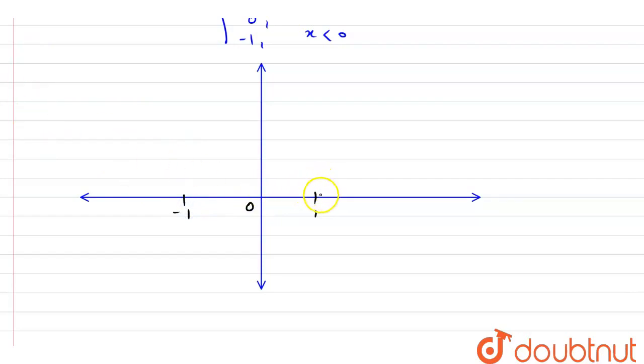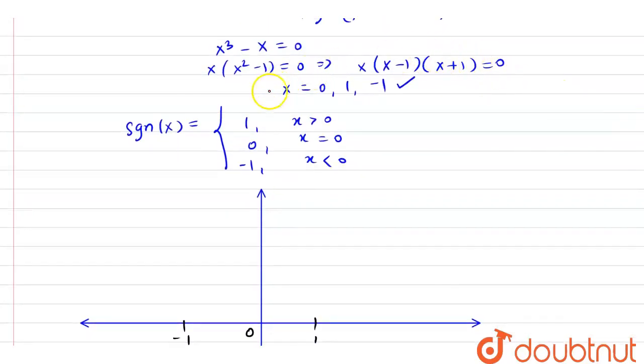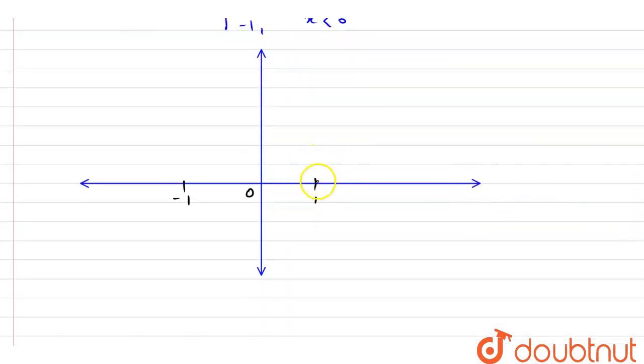Now we all know that if we put a value greater than 1 here in this inequality, then this will behave as a positive. In between 0 to 1, this will be a negative. In between minus 1 to 0, again positive, and less than minus 1, it will behave like this, right? So this is the graph of signum x cube minus x.